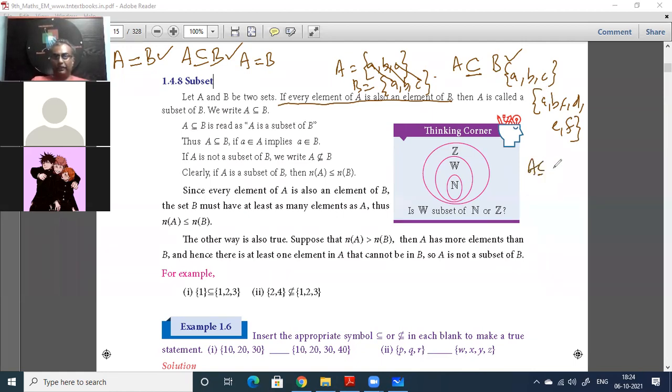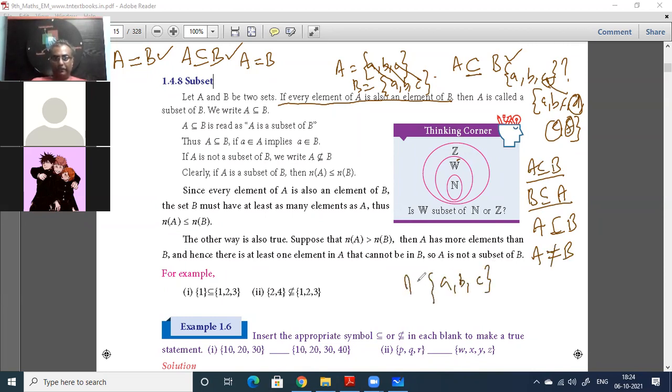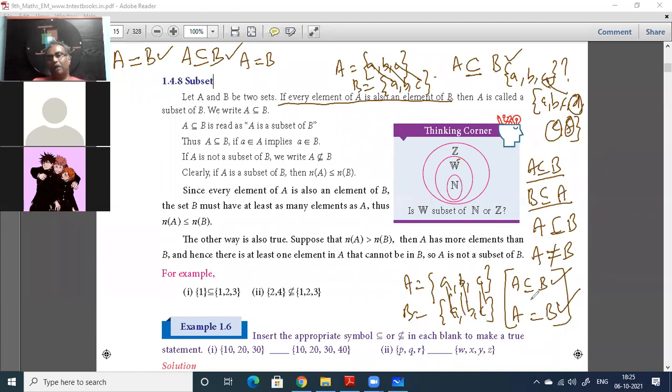So A is a subset of B. But all the elements in B are not present in A. D, E, and F are not present in A. So B is not a subset of A. Therefore, here A is a subset of B, but A is not equal to B. But if you take A, B, C and B is also equal to A, B, C, and you define it as a subset, all the elements in A are present in B, true, then A is a subset of B. But at the same time, all the elements in B are also present in A, then A is equal to B. So in some situations, A subset of B will be true, but A equal to B will also be true.